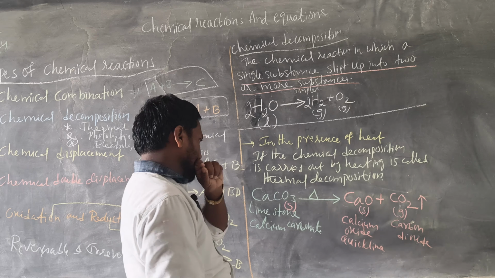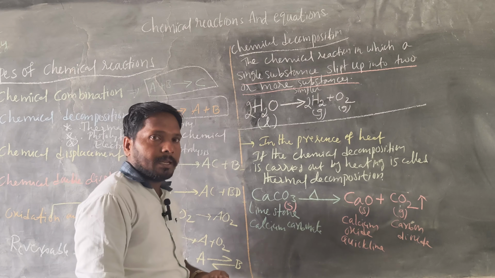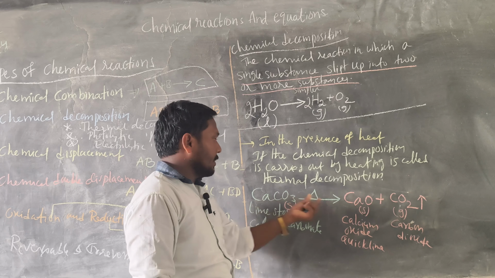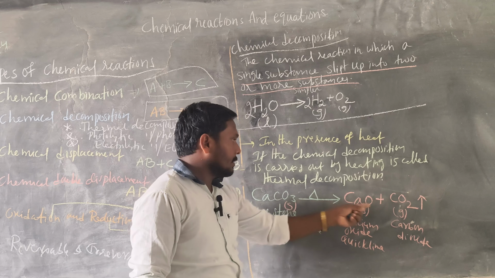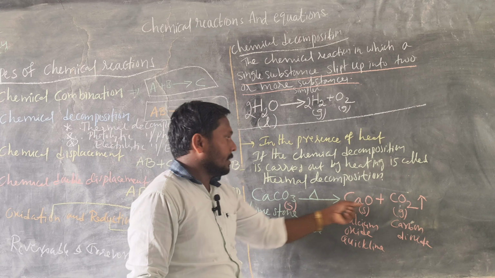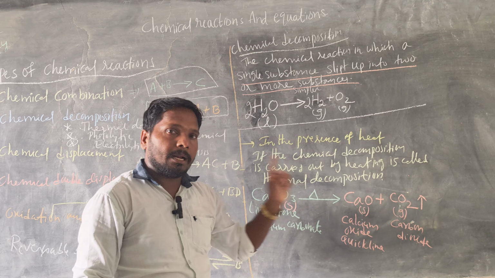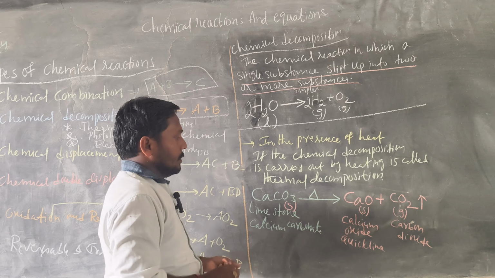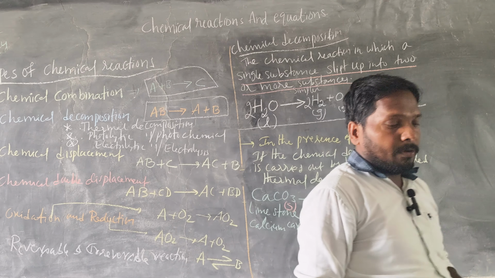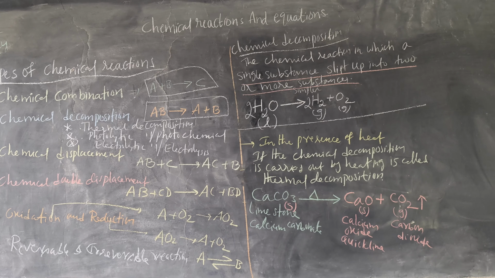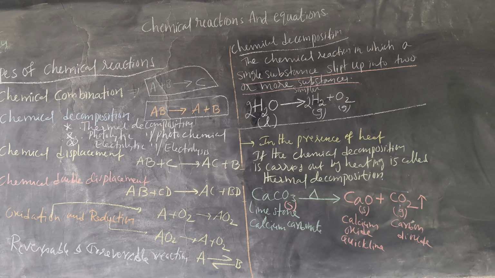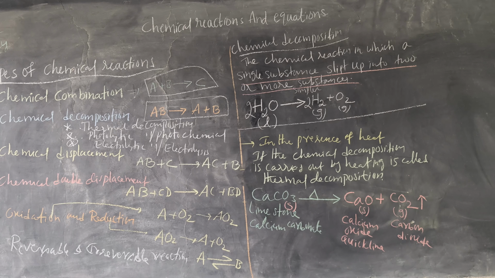That balances the chemical equation: calcium 1, calcium 1, carbon 1, carbon 1, oxygen 3, and 2 plus 1 is 3. So this is an example for thermal decomposition.